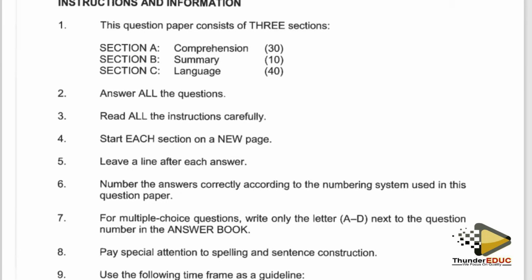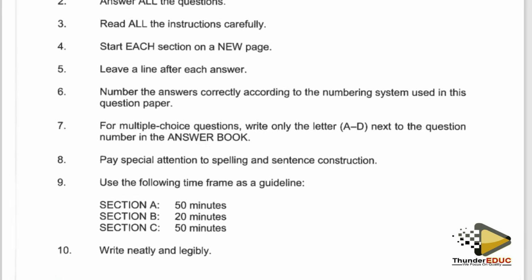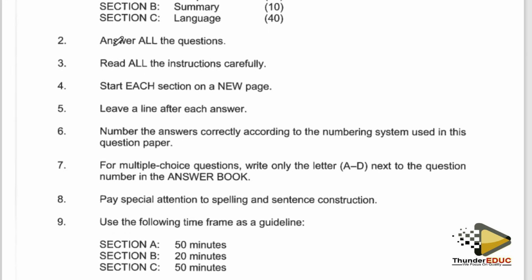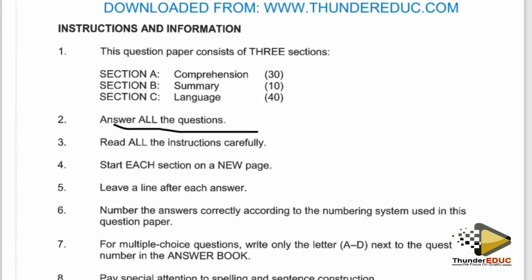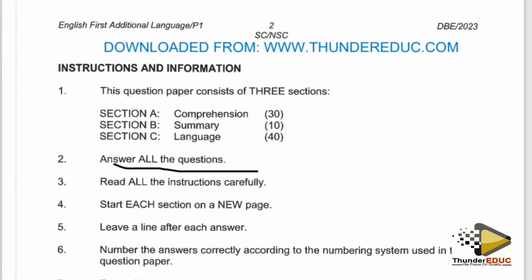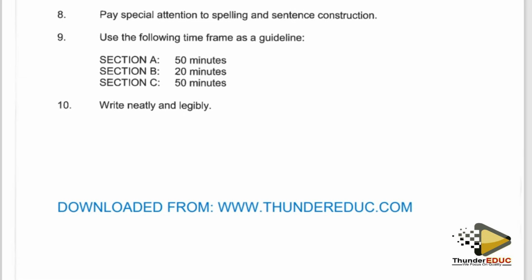Use your time wisely and make sure that you follow your time management skills that will assist you to be able to finish the sections in time. Our instructions say answer all questions. So please use your time management properly so that you can finish your questions. I wish you all the best in your preparations for your exams, and I hope you will revise your components. Thank you very much.